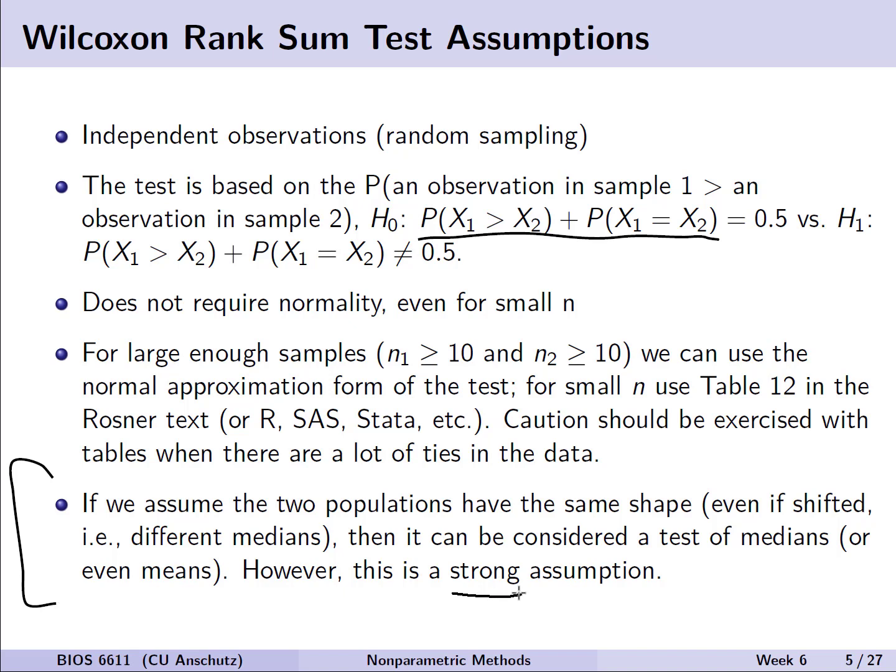However, this is a strong assumption. Many times when people interpret it this way, they actually have not evaluated the shapes and decided definitively that they are the same and maybe just shifted from one location to another. So we'll always be safe using the null hypothesis that the mean ranks are equivalent, but in certain circumstances it can be considered a test of medians.